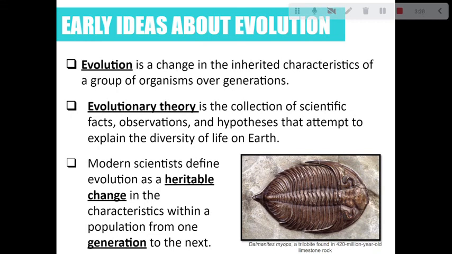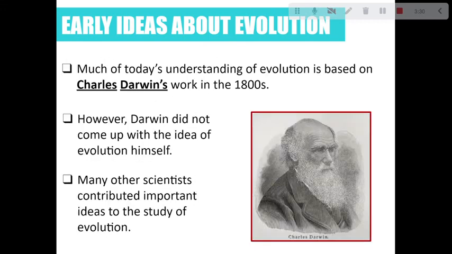So, modern scientists define evolution as a heritable change in the characteristics within a population from one generation to the next. Now, much of today's understanding of evolution is based on Charles Darwin's work in the 1800s. However, Darwin did not come up with the idea of evolution himself. Many other scientists actually contributed important information and ideas to the study of evolution.